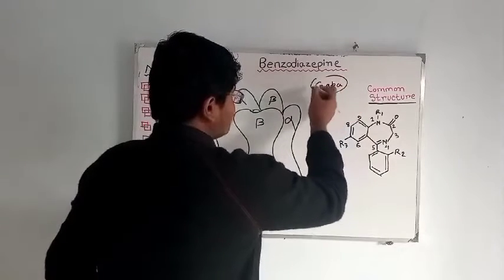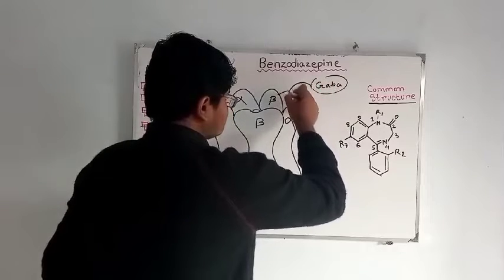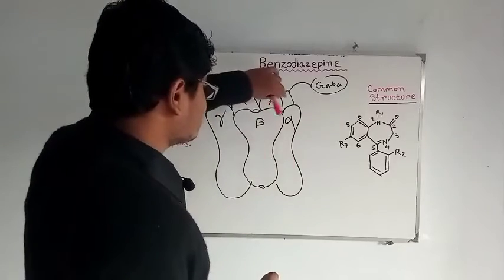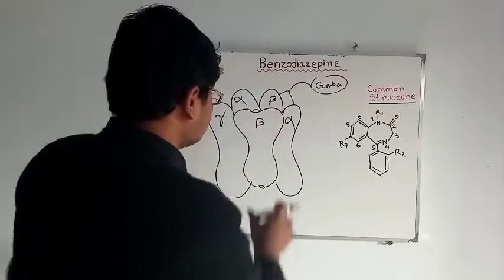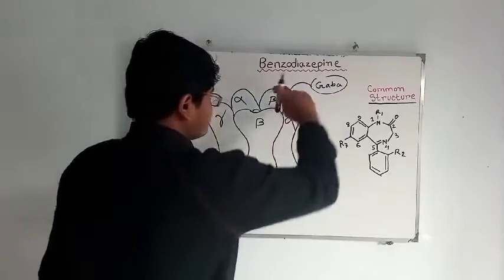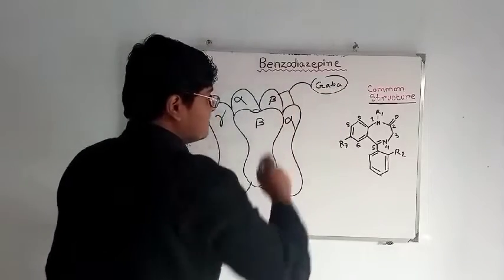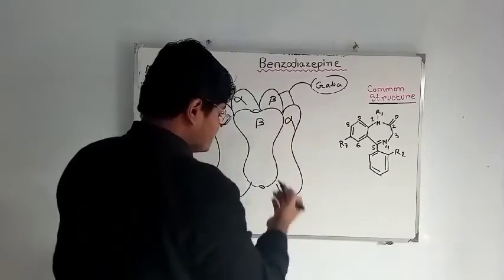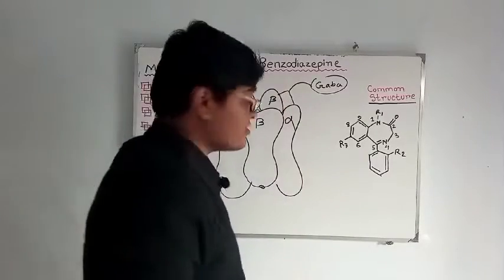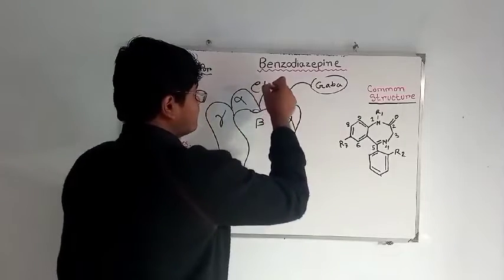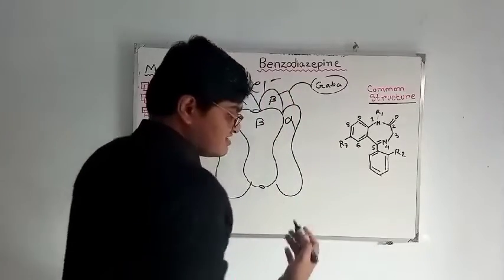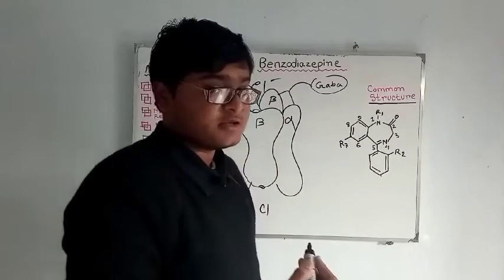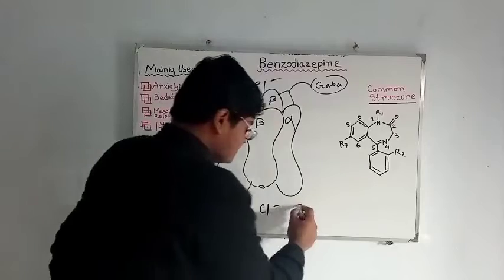What happens basically is that GABA binds with the alpha and beta positions and increases the permeability of chloride ion, Cl minus, into the cell. It enhances the chloride ion inside the cell.